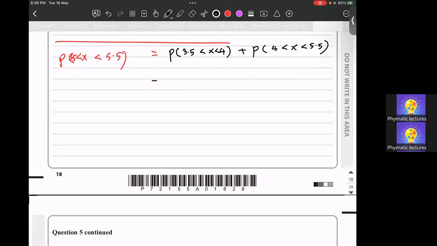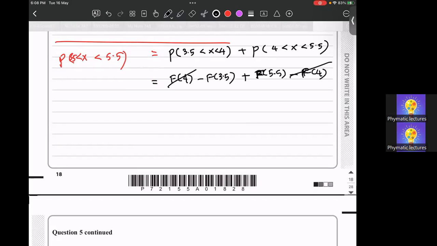So this is the cumulative distribution function of 4 minus that of 3.5, plus F of 5.5 minus F of 4.